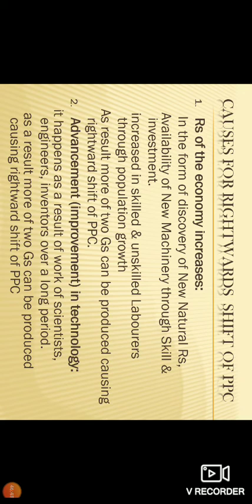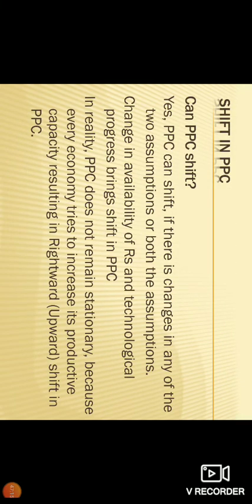A rightward shift of the production possibility curve can happen if scientists, engineers and inventors over a long period work out a new technology and bring forth a magical technology. Really, the production of that country increases. As a result, more of two goods can be produced, or at least more of one good without sacrificing the other. This causes the rightward shift in the production possibility curve.